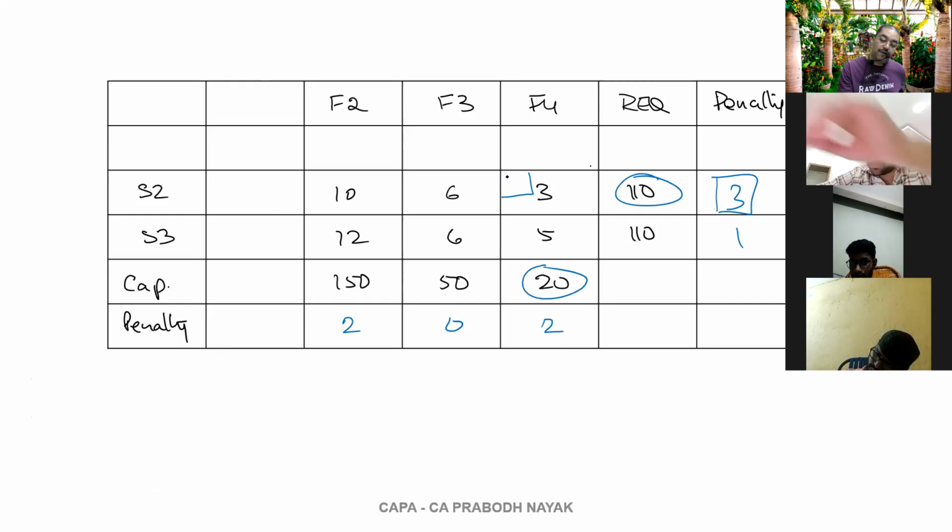110 or 20, whichever is lower. So 20. 20 minus 20 is 0. 110 minus 20 is 90. F4 gets cancelled.